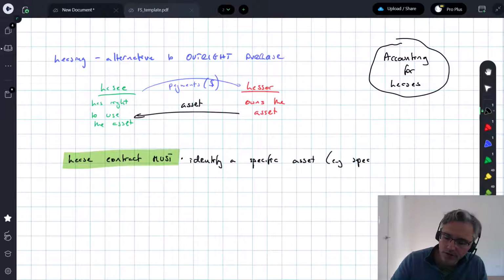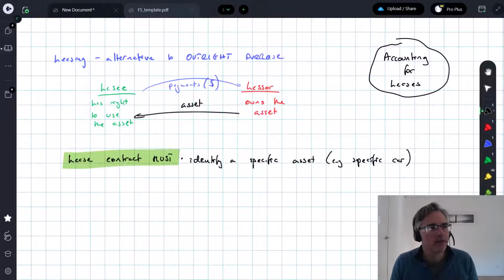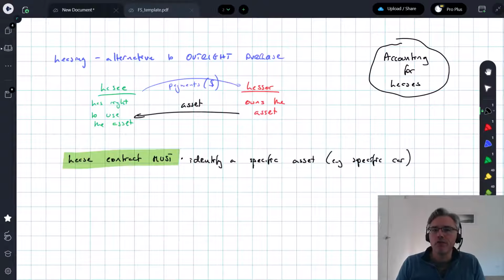For example, a specific car. It's not about signing an agreement whereby you get access to use one out of a pool of similar cars over a certain period of time, or for, let's say, 20 hours during the month you can use a car, but you don't know which one it's going to be.